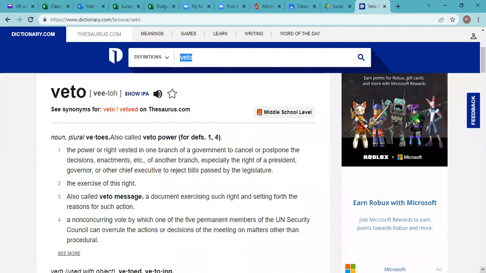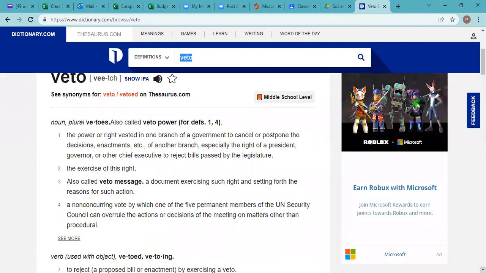To veto means the power of right vested in one branch of government to cancel or postpone the decisions, enactments of another branch, especially the right of a president, governor, or other chief executive to reject bills passed by the legislature.